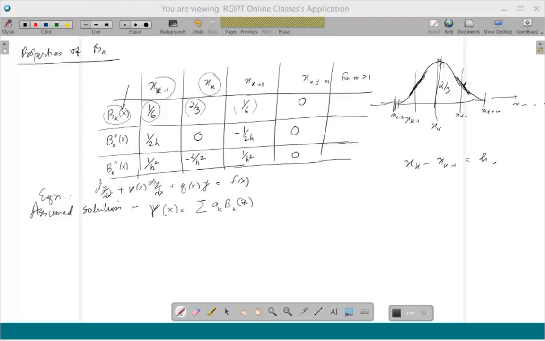So this is where I have constructed already the b_k's of x, which have been defined.